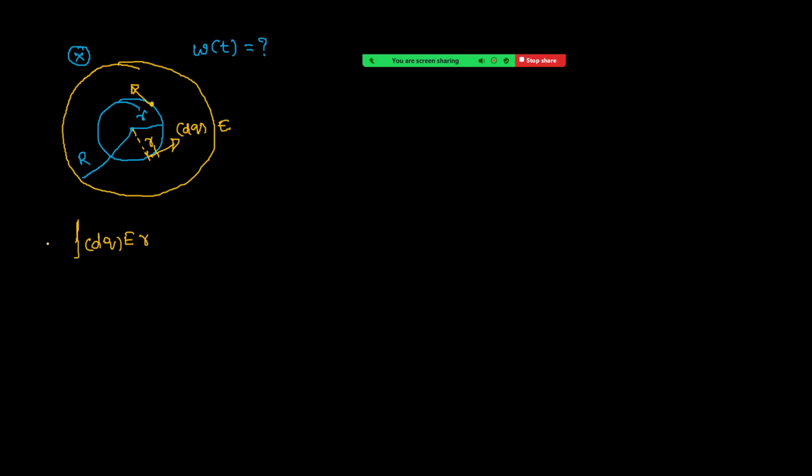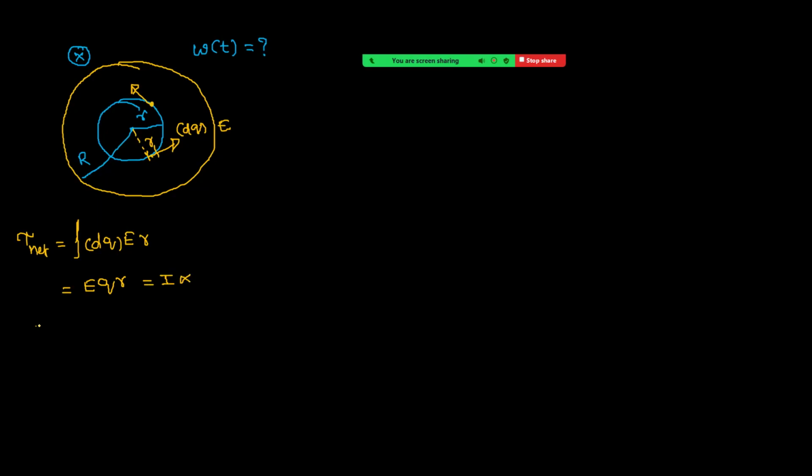That means net torque will be equal to the integration of this. Now in this, except dq, all the rest are constants. So it becomes E into Q into R. This is the net torque, and this net torque is equal to I into alpha.